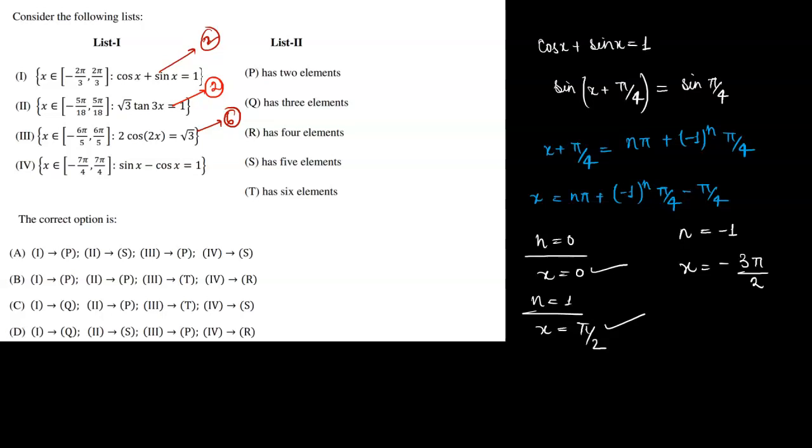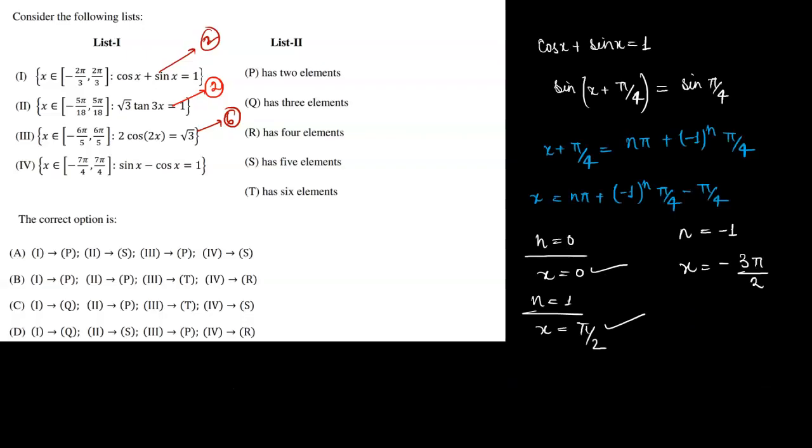So finally the last one is sin x minus cos x is equal to 1. Okay, so for this we will be doing sin of x minus pi by 4 is equal to sin pi by 4.